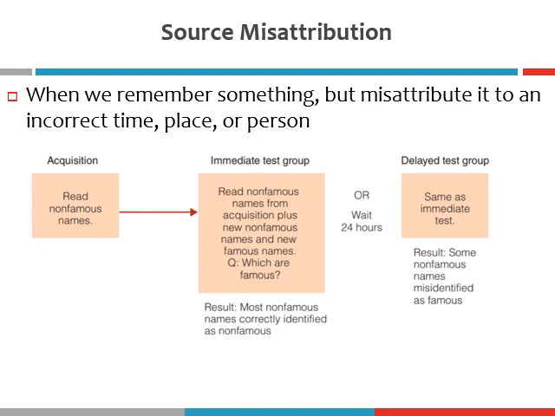But the name continues to elicit some sense of familiarity, right? So they assume, I must be familiar with that name because it's the name of a famous person, rather than the name of a non-famous person that I read about earlier in the experiment, right? So that's the classic laboratory demonstration of misattribution.